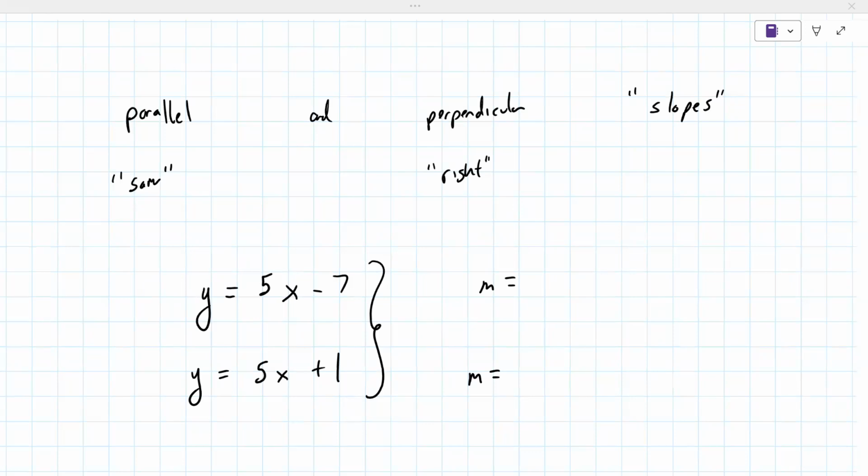The slope is the number in front of x. Yeah, it goes down 7. The slope is the number in front of x. Like in math, we think of in front of as being to the left of. Yeah, 7/1.